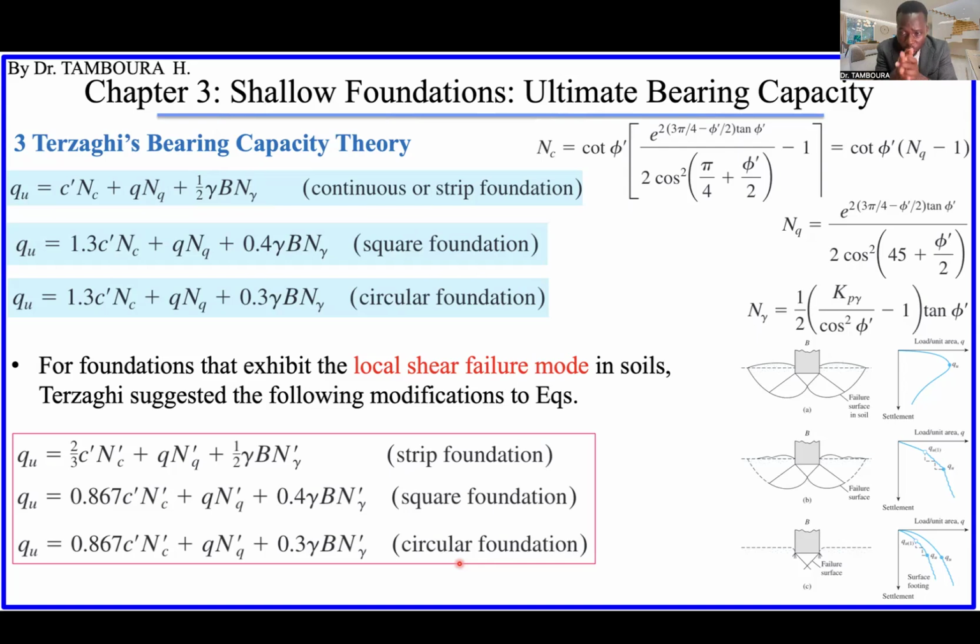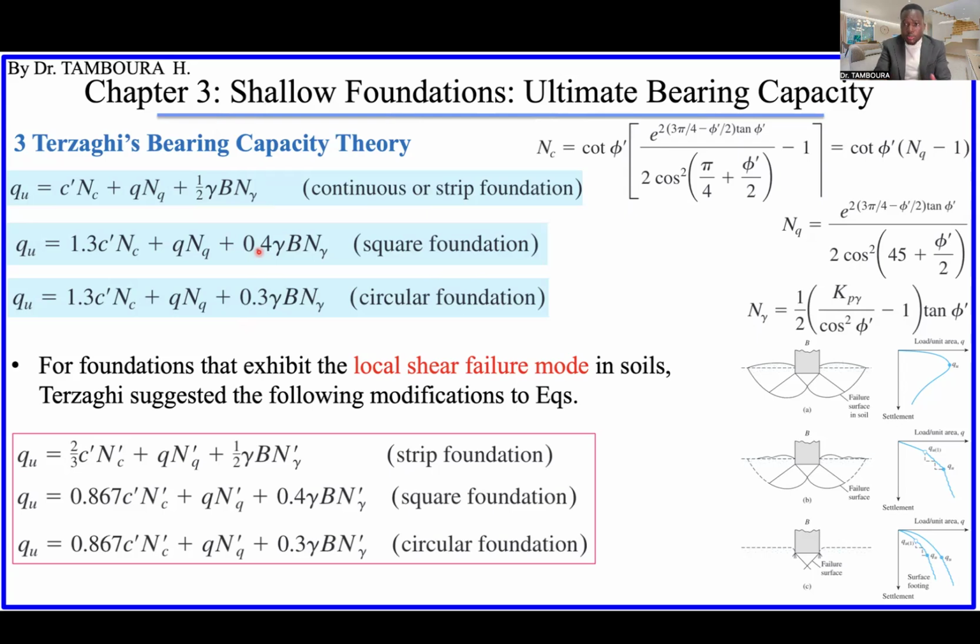Last time we explained when the local shear failure happens in the soil. Please remember that. Some people just apply one formula, for example this one for strip footing, this one for square foundation, but it's not actually right. You need to know what type of soil you are dealing with.